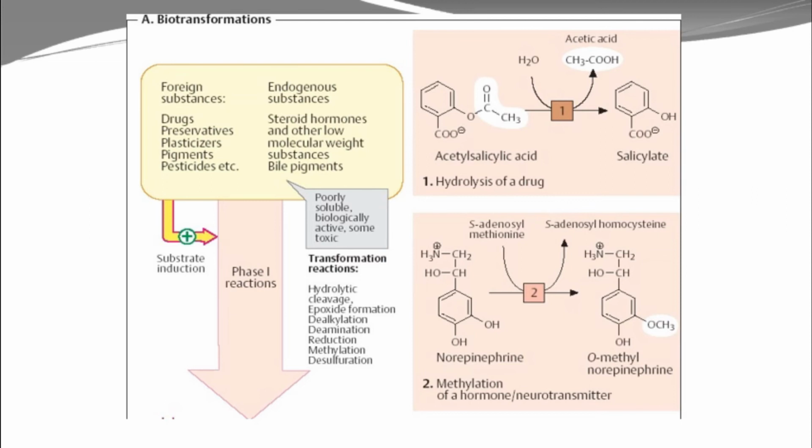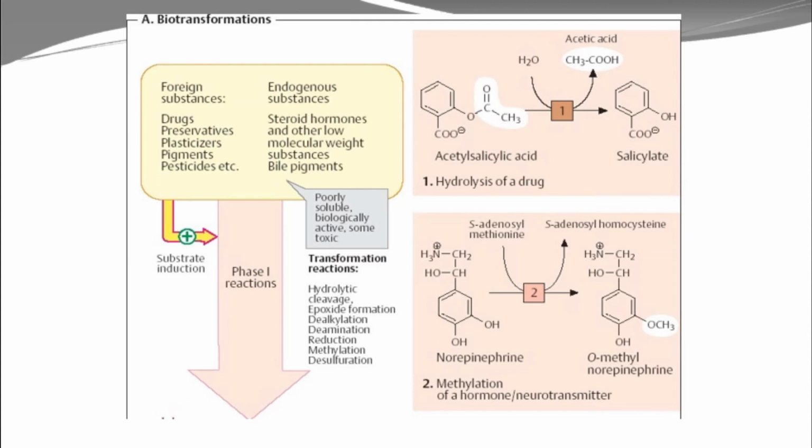For example, the drug acetylsalicylic acid, which is mainly found in aspirin. If we do hydrolysis of this drug, we may convert it into salicylate in phase 1. Similarly, certain chemicals such as norepinephrine can be converted into methyl norepinephrine.